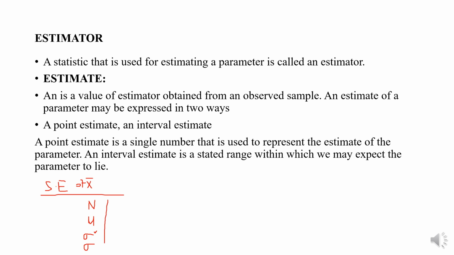Now, when we talk about the population size, there is capital N, and the sample size is small n. So this is about the population, and this is about the sample. We will present population as POP.